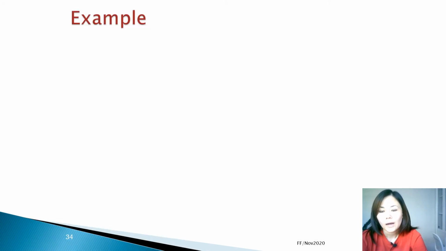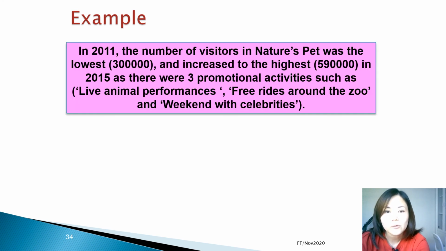And now I would also like to show you some examples of sentences that we can make in our writing. Take a look at this one. In 2011, the number of visitors in Nature's Path was the lowest, 300,000, and increased to the highest, 590,000 in 2015, as there were 3 promotional activities such as live animal performances, free rides around the zoo, and weekend with celebrities.